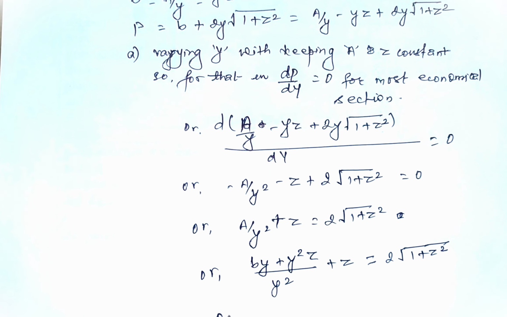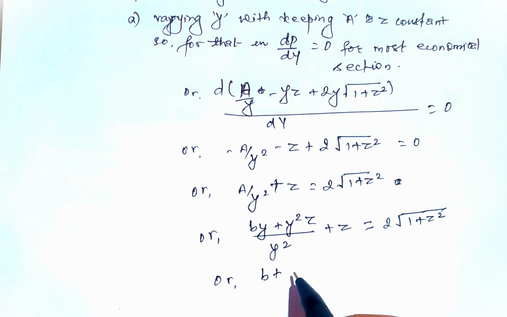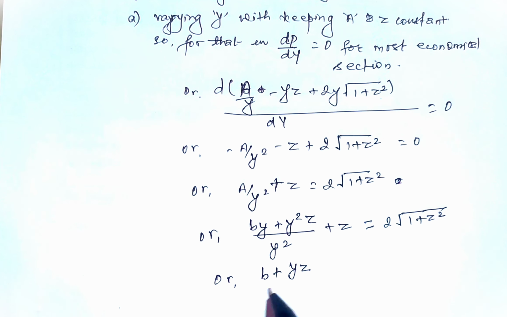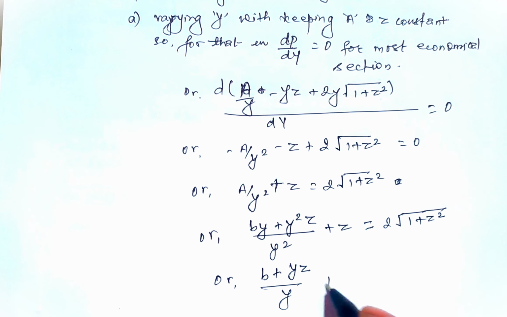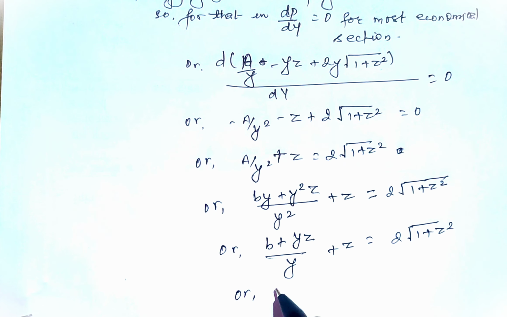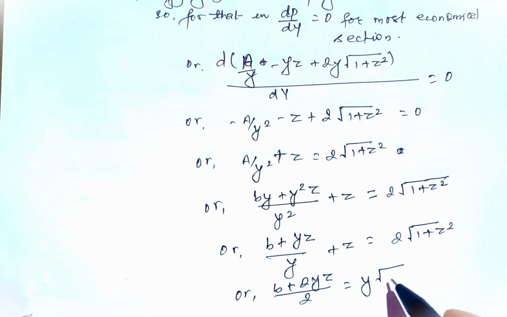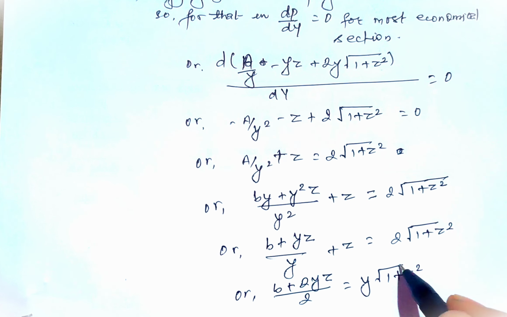On simplifying this, b plus yz divided by y plus z equals 2 root over 1 plus z square, or b plus 2yz divided by 2 equals y root over 1 plus z square. This can be written as T by 2 equals y root over 1 plus z square.